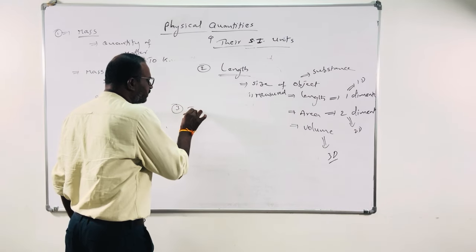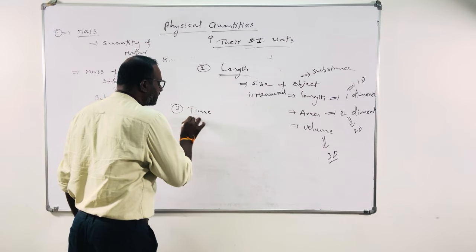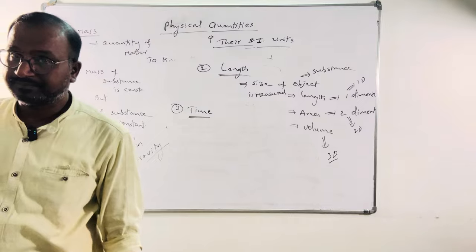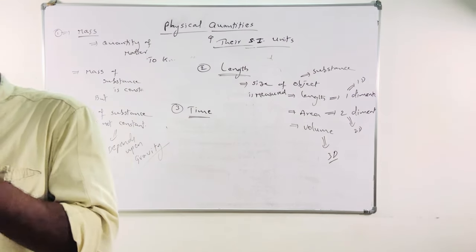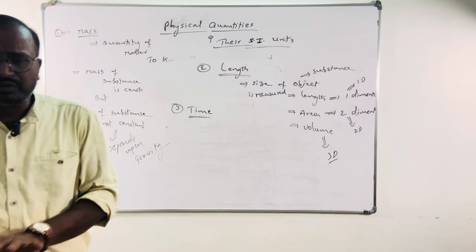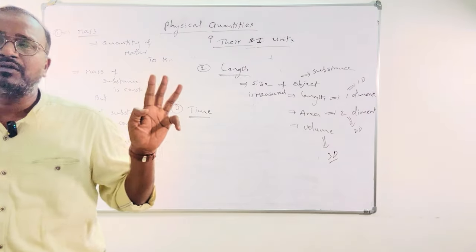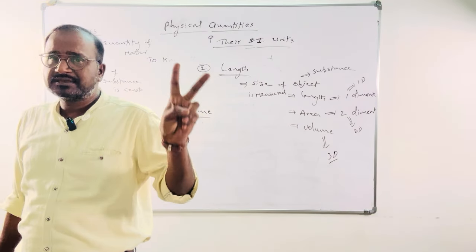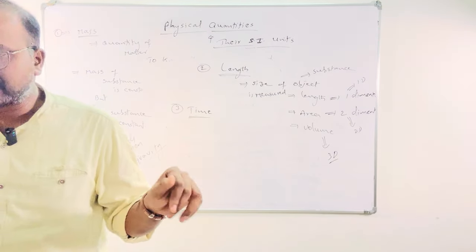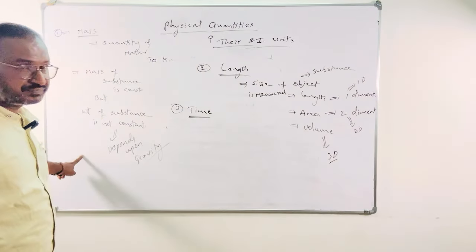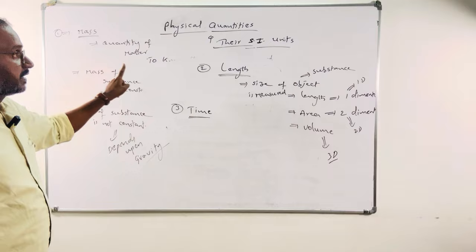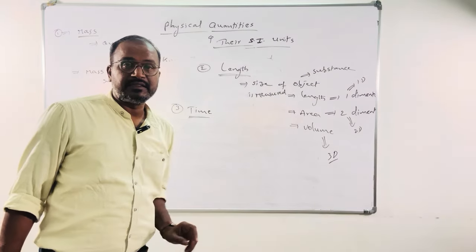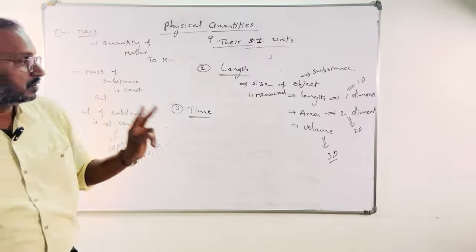Next, the third fundamental physical quantity is time. I already told you three fundamental physical quantities are there. One is mass, second one is length, third one is time. Mass I told here, weight is different, mass is different. Length, the size of an object, is measured in length in one dimension, area in two dimensions.